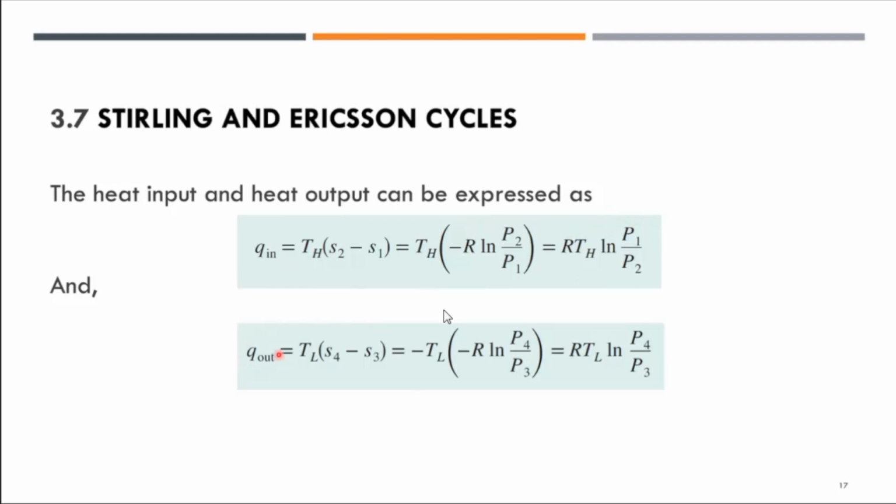Similarly, for the heat being expelled, the Q out, you can put TL times the entropy change at 4 and 3, right? Same here, you get the expression in terms of the pressure, P4 over P3.